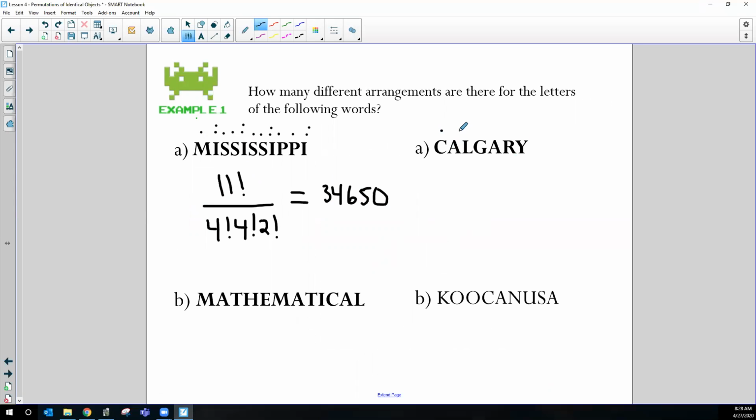So Calgary: 1, 2, 3, 4, 5, 6, 7, 7 total objects divided by 2 A's, which repeat, and you just put that in your calculator.